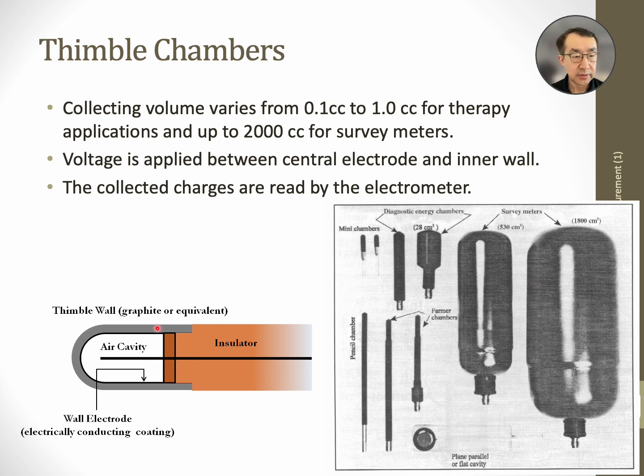Let's look at this cartoon here. You have an air cavity inside, and a central electrode, and then you have this inner wall, which is also an electrode itself, the surface electrode. So you have a central electrode and a wall electrode. The bias will be applied. When I say bias, a voltage will be applied, either positive, negative, or negative, positive.